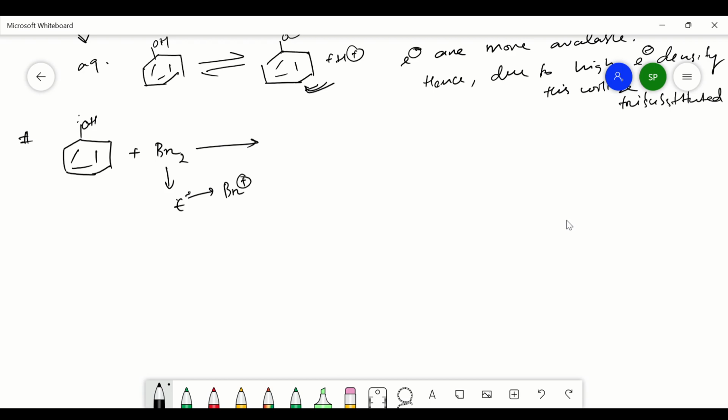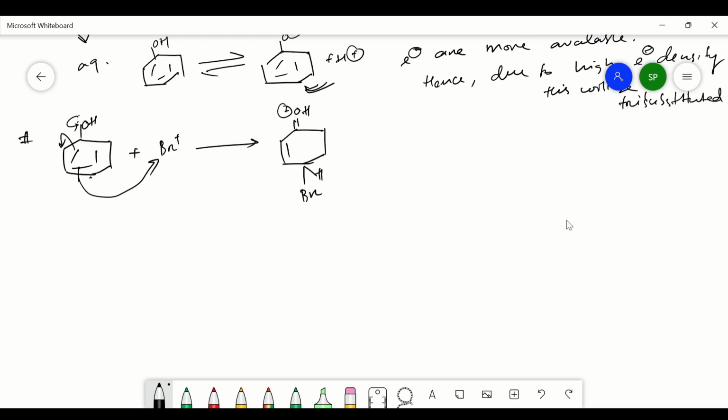There will be movement of electrons from here to here, and there will be attack of this negative charge on bromine, and there will be formation of OH plus with a double bond, bromine and hydrogen.